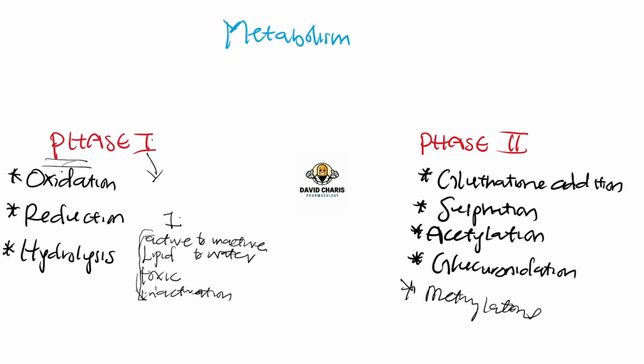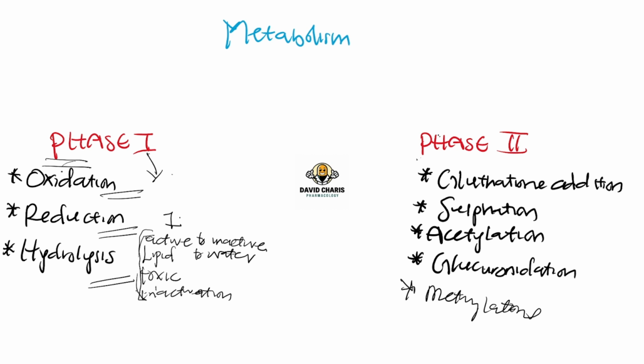Now, phase 1 biotransformation, or phase 1 metabolism, is basically the addition of a functional group or the unmasking of a functional group already present in the drug by the process of oxidation, reduction, or hydrolysis. Phase 2 seeks to make the drug that has passed through phase 1 more polar so it can be easily excreted.